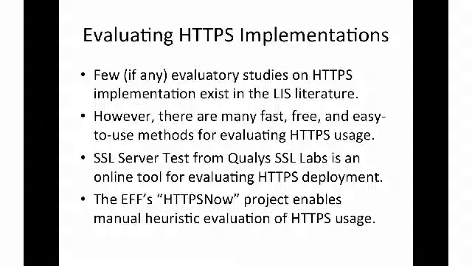Another method is to use heuristics to conduct a manual evaluation. The Electronic Frontier Foundation's HTTPS Now project does just that, with a set of heuristics that users can use to test HTTPS implementation.